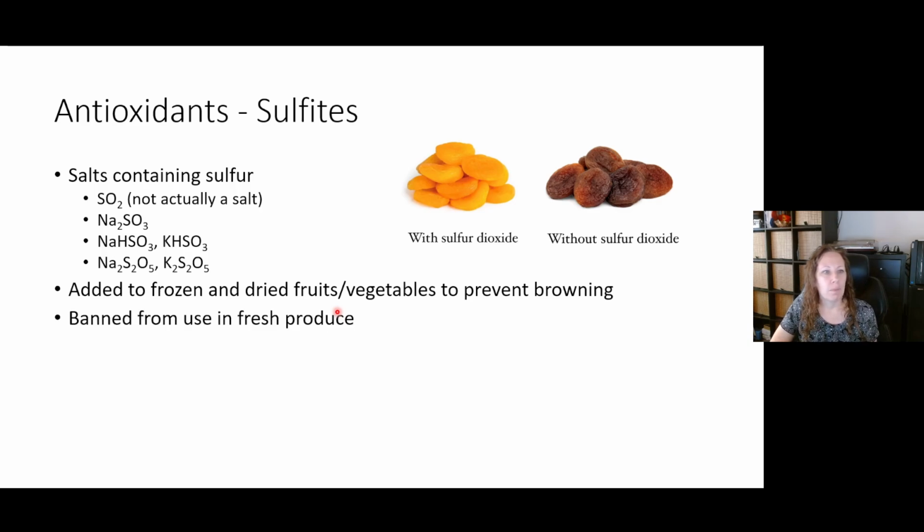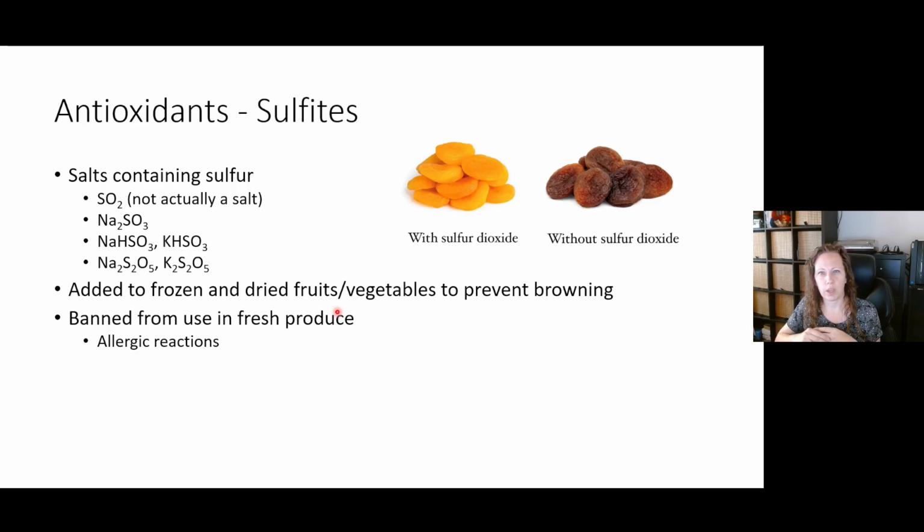So sulfites are banned from use in fresh produce because it would cause allergic reactions. I would say it's also probably banned because of one of the things that we talked about earlier, well, maybe not, I don't know. It kind of doesn't make it fresh anymore once you've processed it and added sulfites.